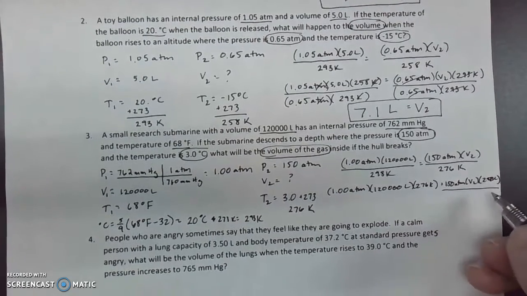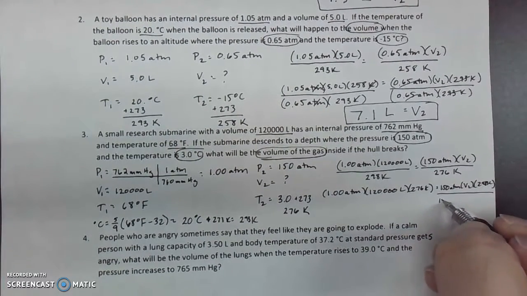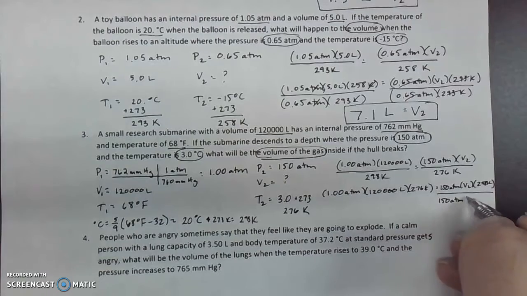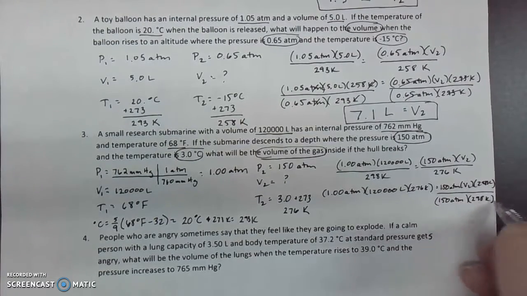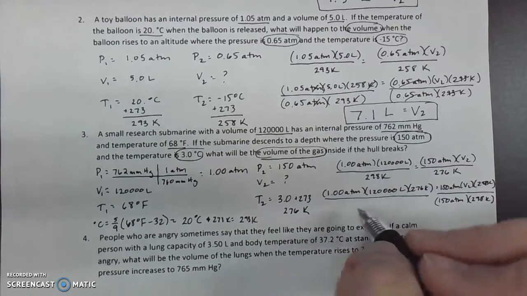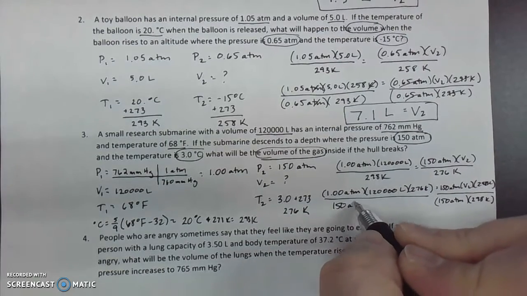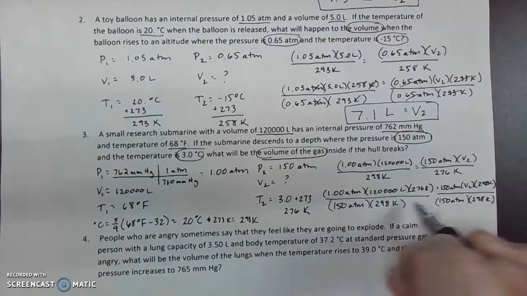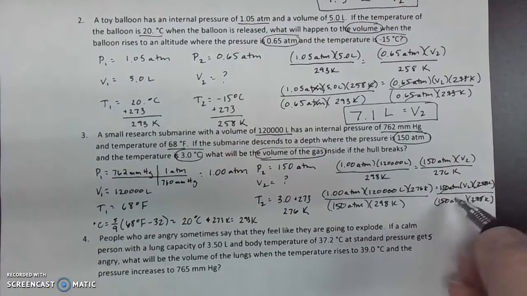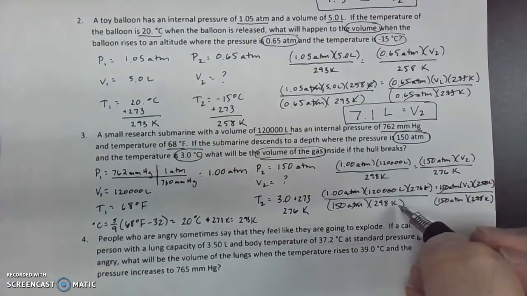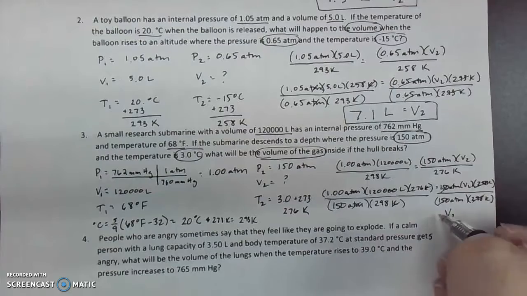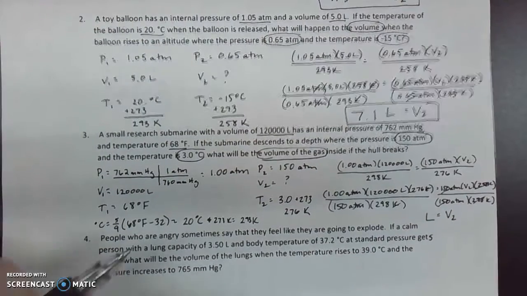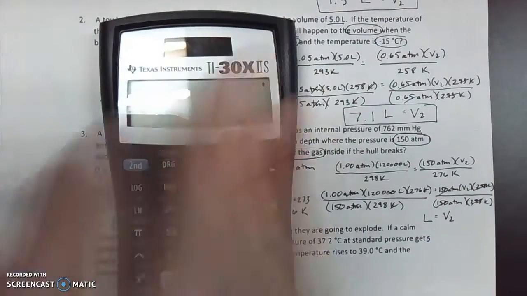So I have to divide both sides by 150 atmospheres and 298 Kelvin. So our kelvins and our atmospheres cross off. And let's see what happens to our volume.